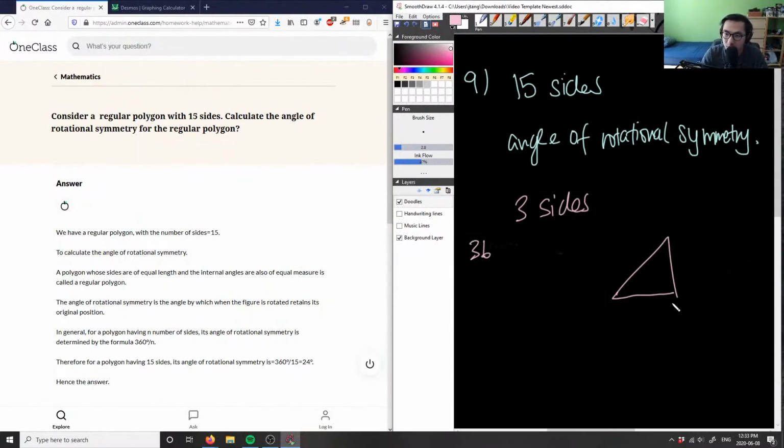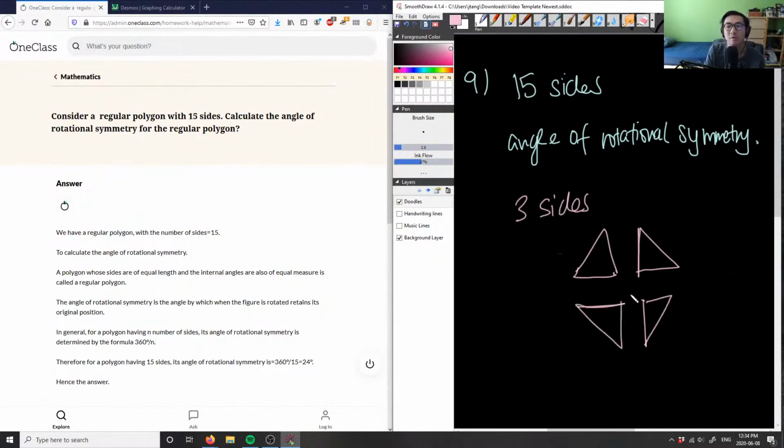Let me draw this out. This is our first triangle. I can rotate it by 180 degrees to get this triangle, rotate it again to get this triangle, and rotate it to this triangle here. So again, I get 4 different triangles.